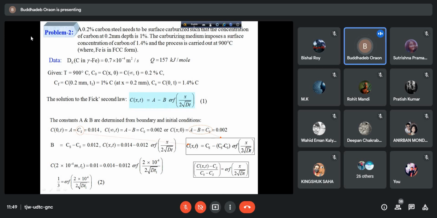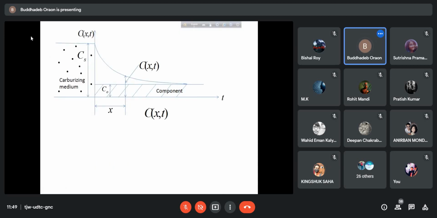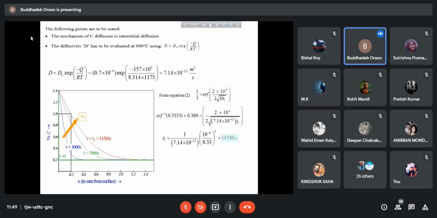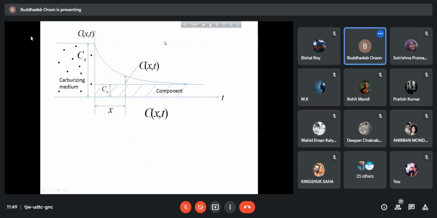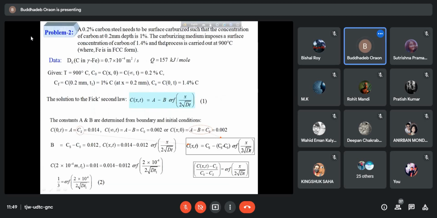Now we are supposed to find out the carburizing time. What is the time required? In the question it has not been written, I think. Okay, let us proceed, then it will be clear.